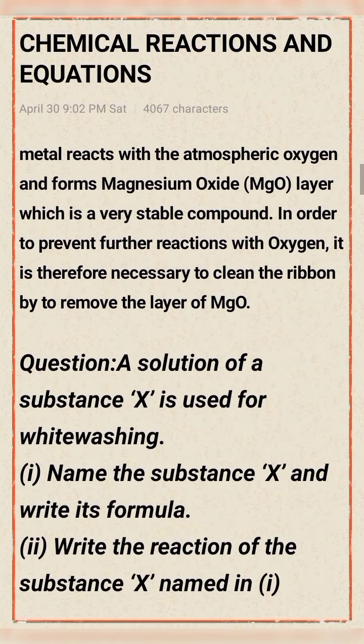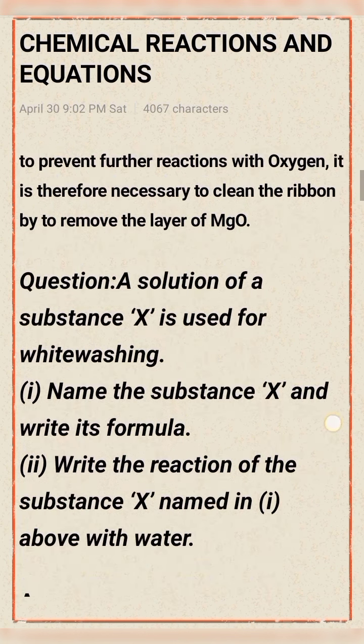Next question, a substance X is used for whitewashing. Number 1, name the substance X and write its formula. Number 2, write the reaction of the substance X named in 1 above with water.